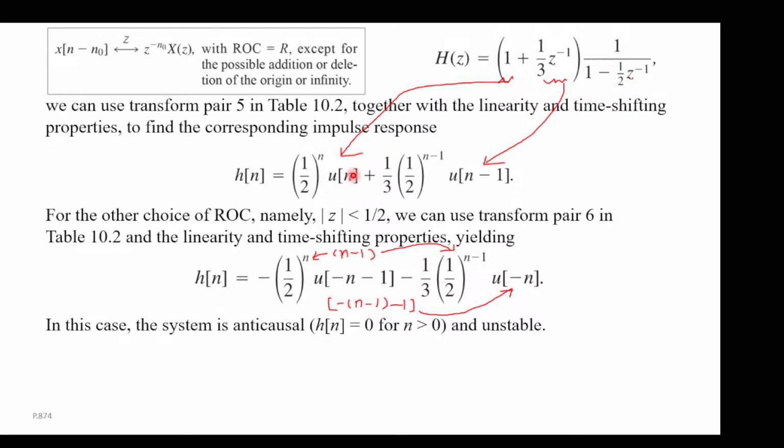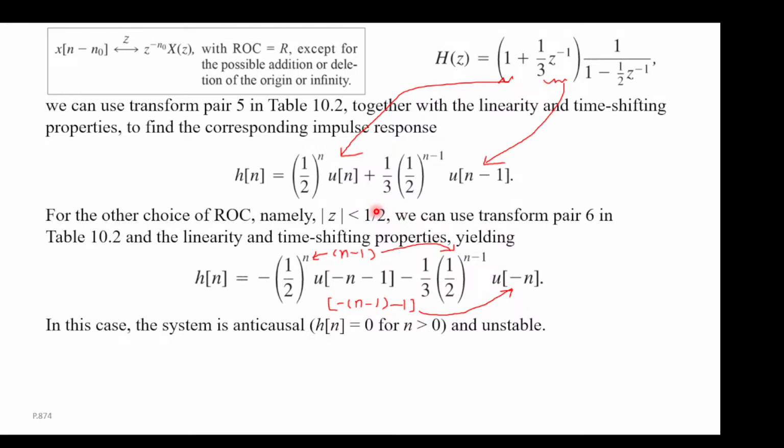This is our usual a^n u[n], with a equal to 1/2. And this is 1/3 z^-1, so the 1/3 just stays as plus 1/3 here. And z^-1 we can get from the time shift, so every n gets a minus 1: n becomes n minus 1, and u[n] becomes u[n-1].